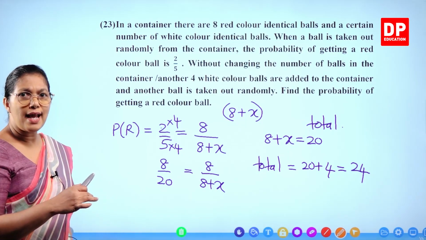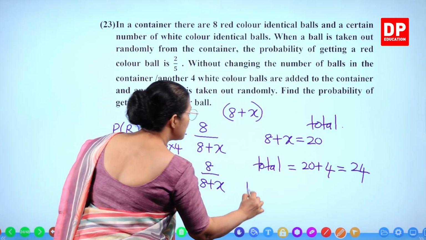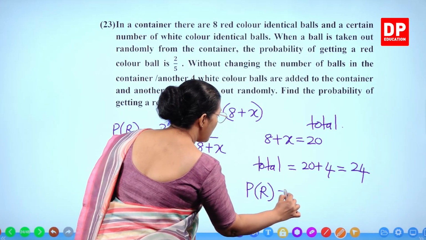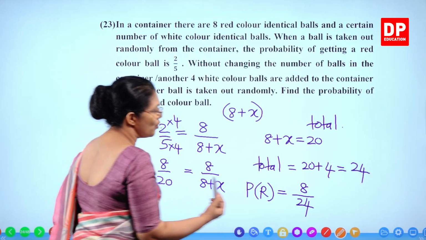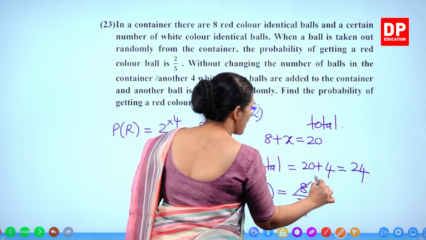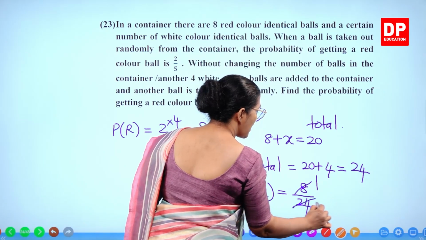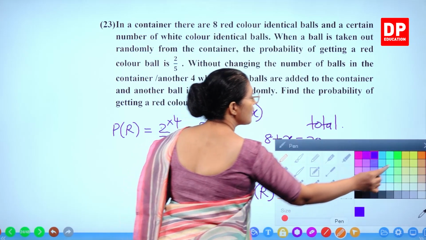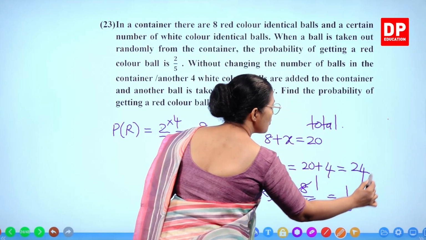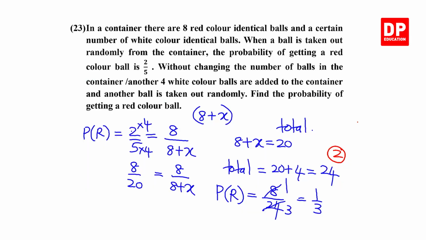Only white balls are added. So what's the probability of getting a red ball now? 8 red ones out of 24. So 8 over 24, you can simplify. 8 times 1, 8 times 3, 1/3. So you get 2 marks for that.